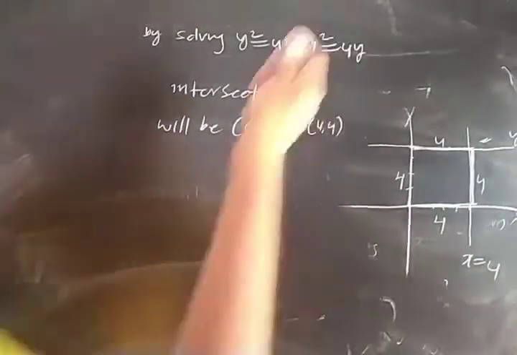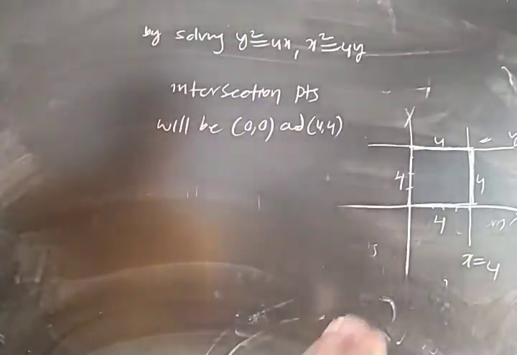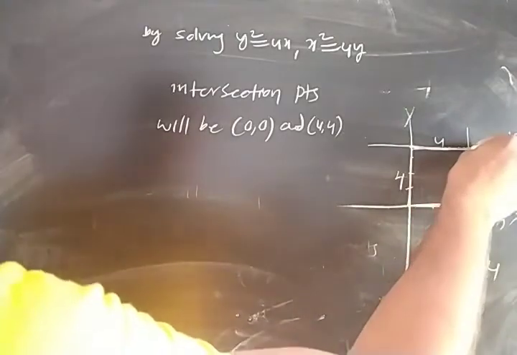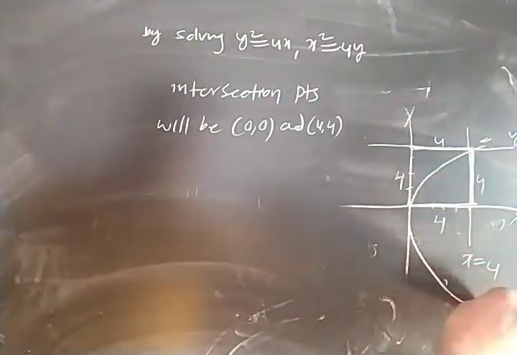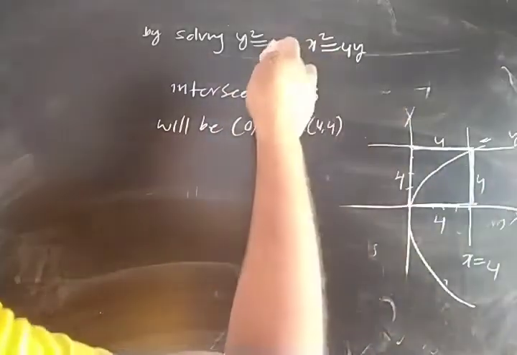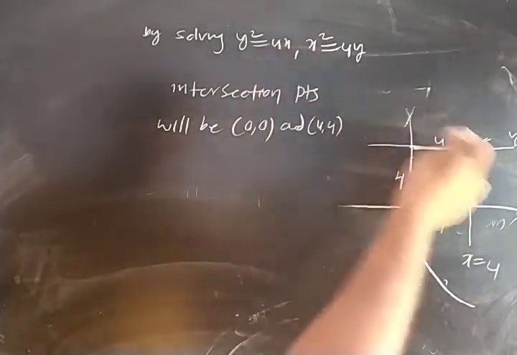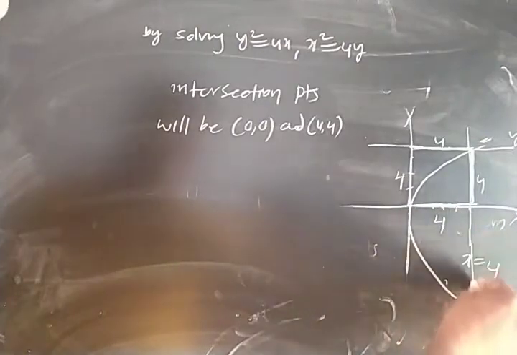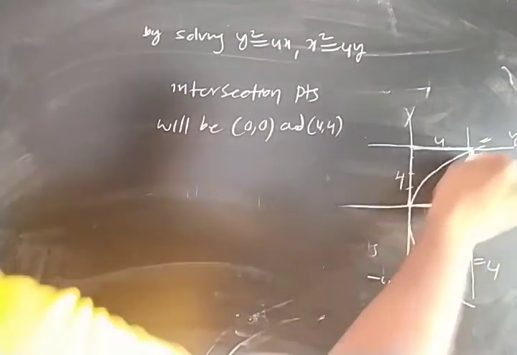Why? Because y square equal to 4x is symmetrical to the x axis, so it will pass through like this. If x is 0, y is 0. If x is 4, y square is 16, so y is plus or minus 4. So here at 4 and here at -4. So you can draw like this.